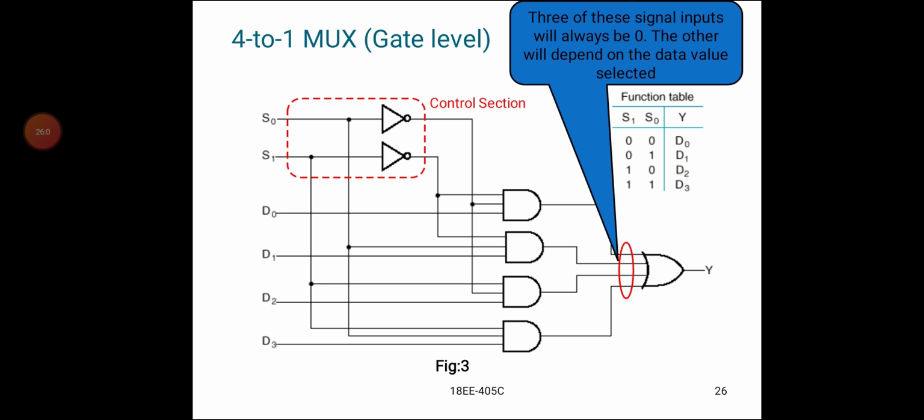The outputs of these AND gates are connected to the OR gate. Then the output is a single output Y. So here the inputs are the 4 inputs D0, D1, D2, D3, the data selectors are S0 and S1, and there is a single output Y. This is the logic diagram of the 4x1 mux.